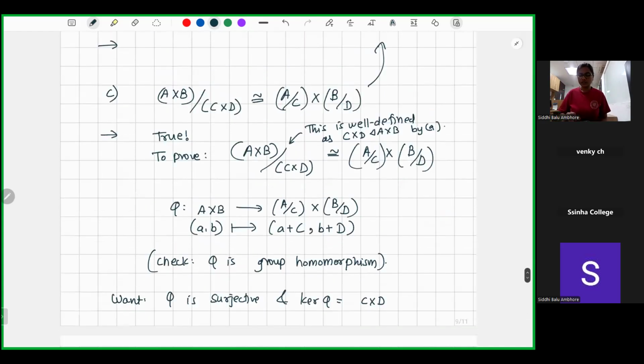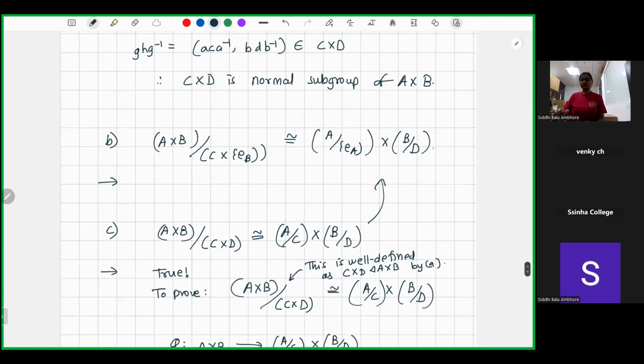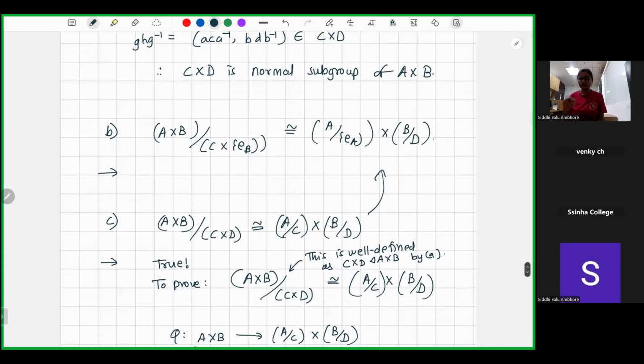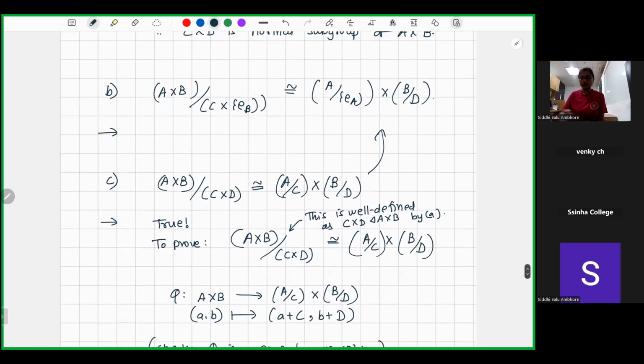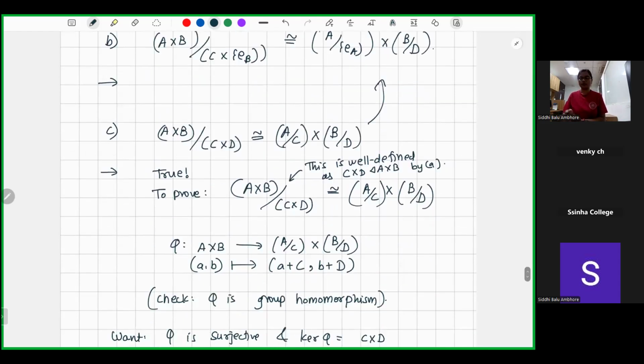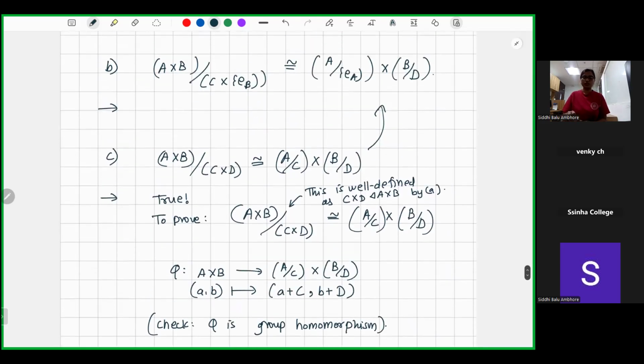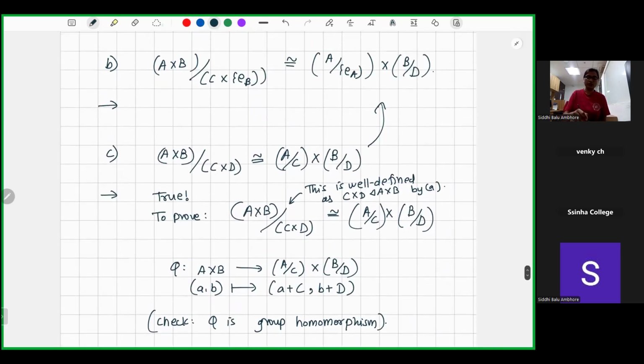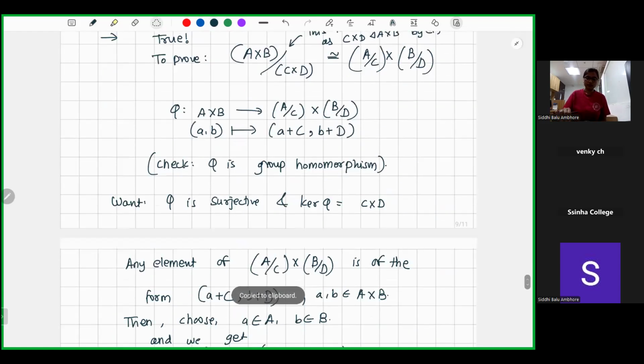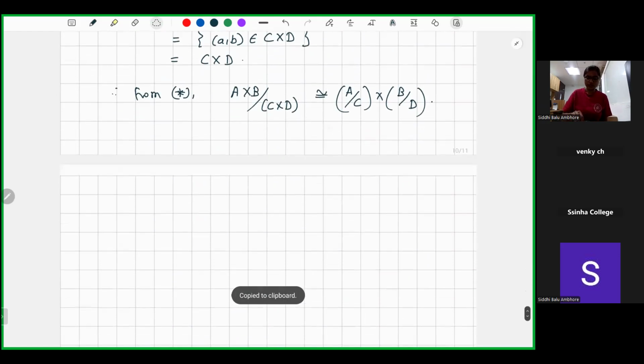I mean, this was straightforward. We just proved properly that this is actually equal to this statement. So now we will go back to our B part. What do you think now? Whether this B is true or not.